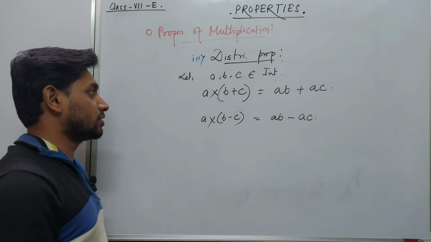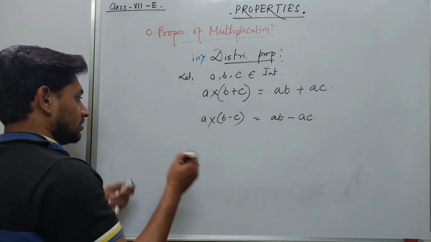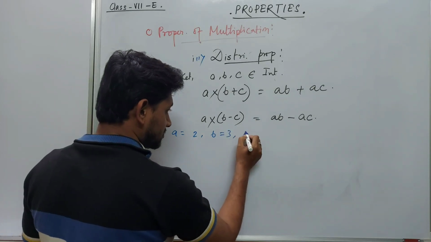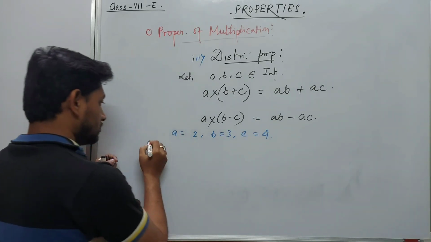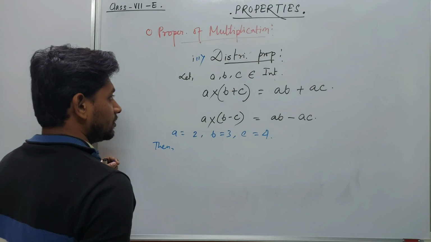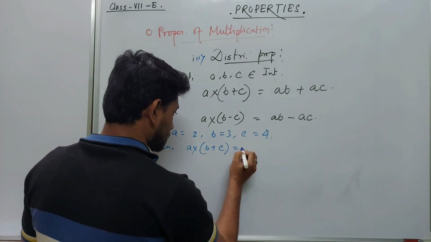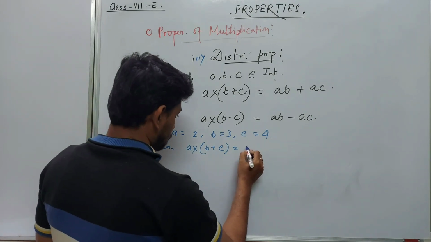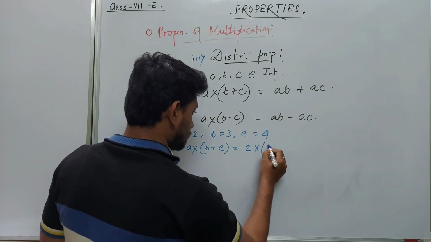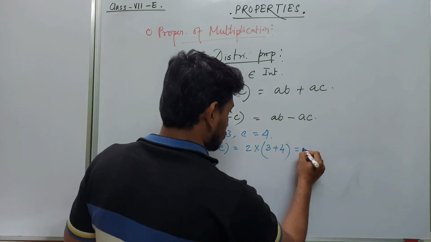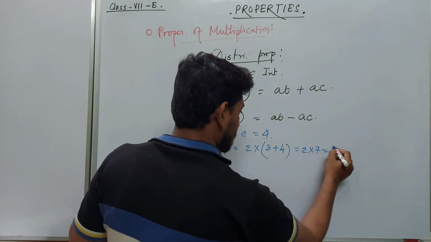For example, now we can check. Let A equal to 2, B equal to 3, C equal to 4. Then A into (B plus C), what is the value? 2 into (3 plus 4), that is 2 into 7, that is 14.